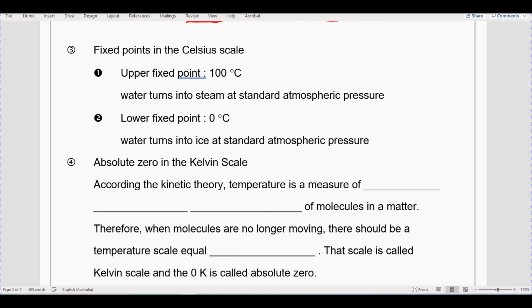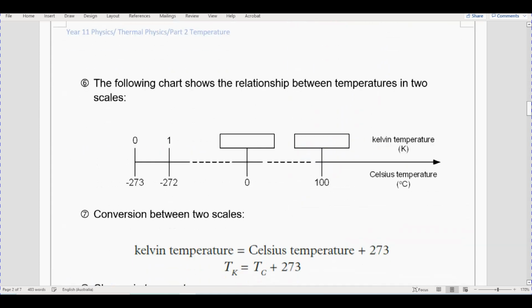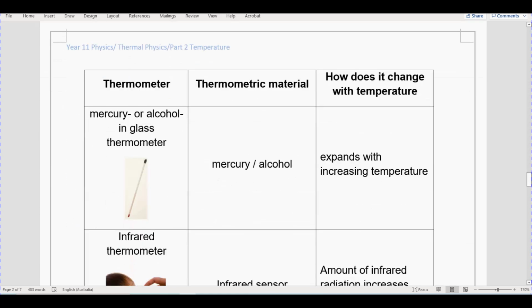For the Celsius scale, we have what we call two fixed points. A fixed point matters when you design a thermometer. We know what a thermometer looks like. I'll go fast forward a little bit.